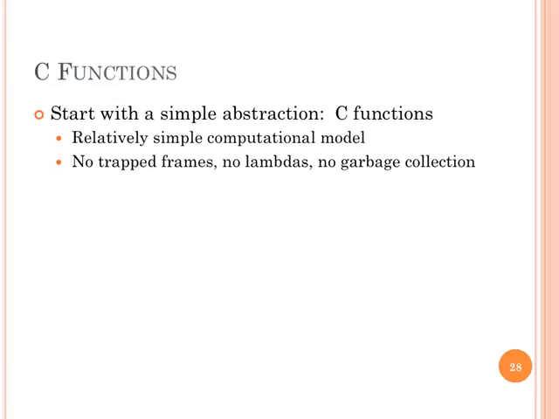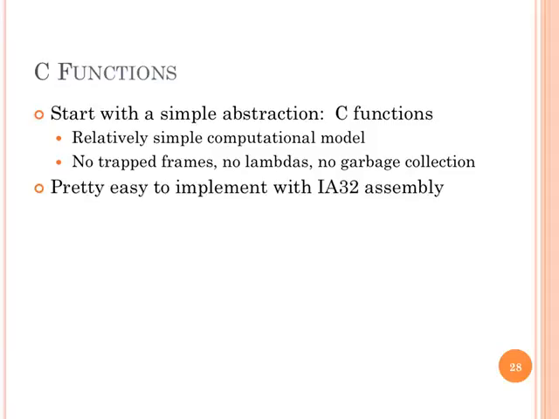Because all we're doing is taking a little step up the abstraction hierarchy so that if I know how to implement C in assembly language, then I can implement other stuff in C, and then I know that I can do all those other things as well. So again, we're obscuring each level of the abstraction hierarchy as we move up. So we won't have any trap frames or lambdas or garbage collection at this point, but we will talk about how to implement garbage collection in the future, because it's a really fun topic.